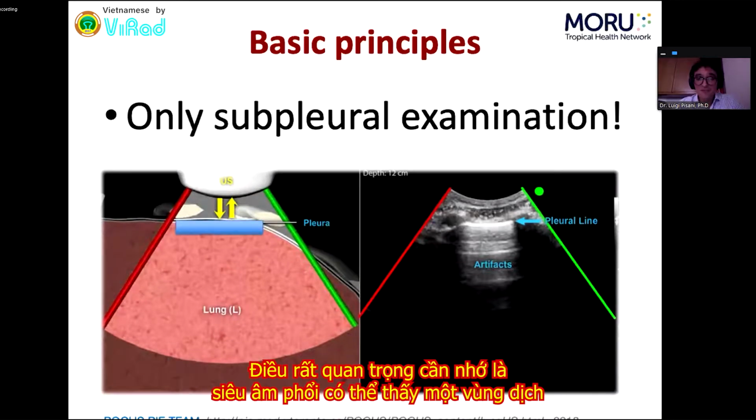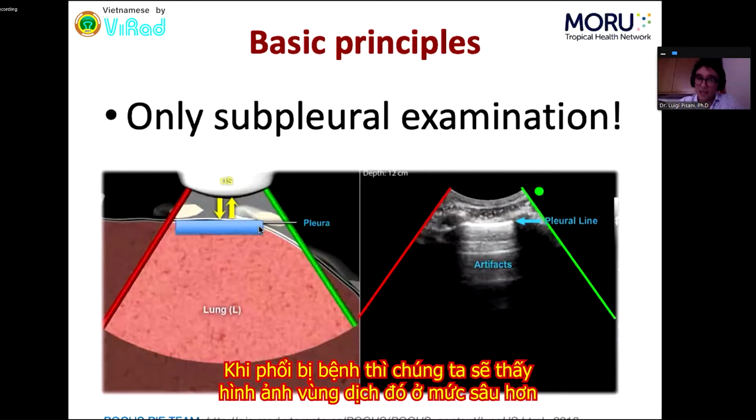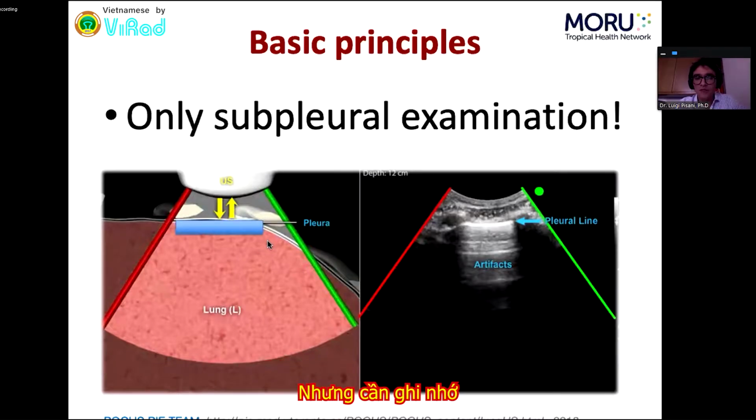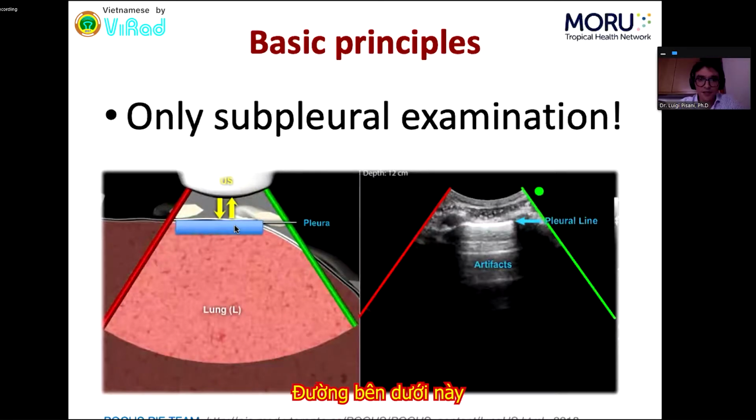It is very important to remember that lung ultrasound can only look at the subpleural region, this small area, when the lung is well aerated. If the lung is pathological, then we might look deeper. But please remember that when you see A-lines, like here, you're only looking at the subpleural region underneath the pleural line.